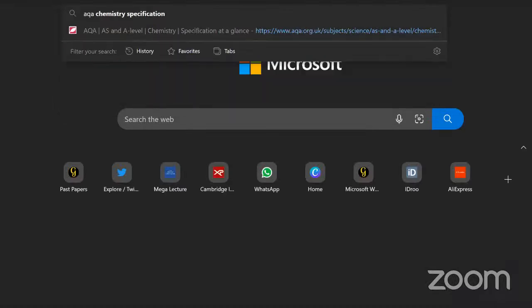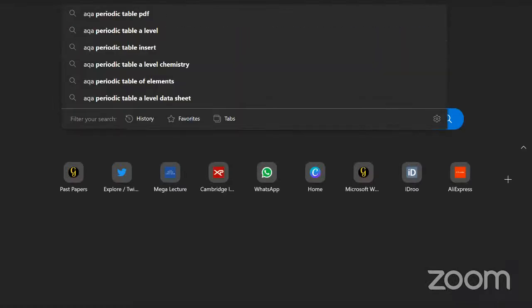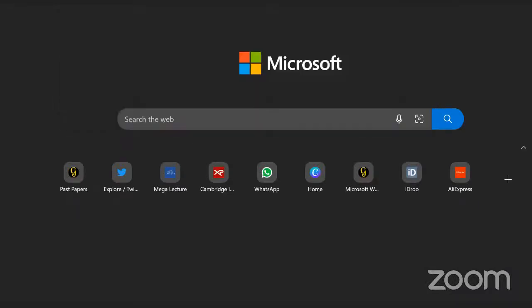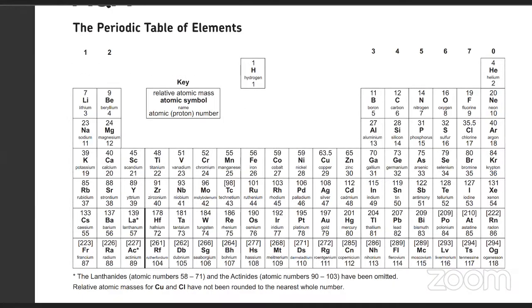Just one second, let me open a periodic table. So here's a periodic table. So acidity in aqueous solutions, who causes that?